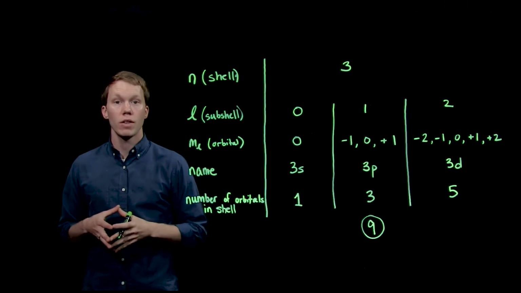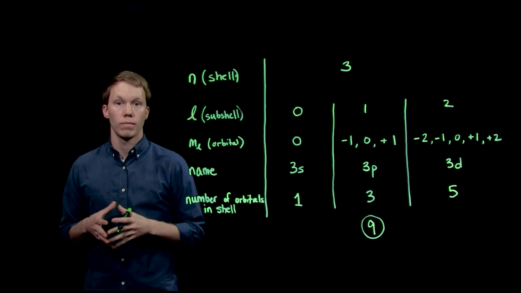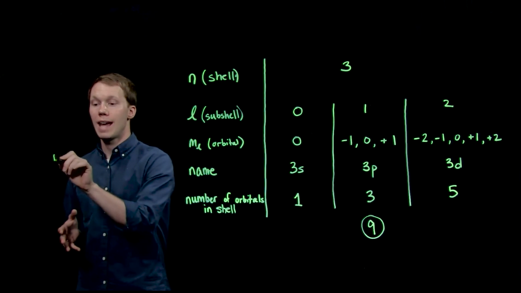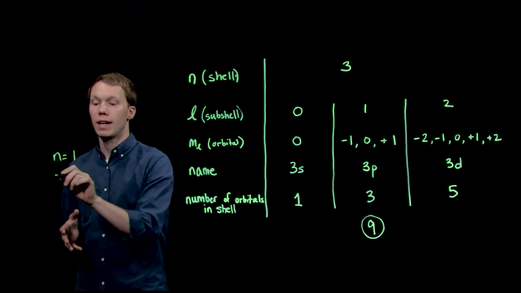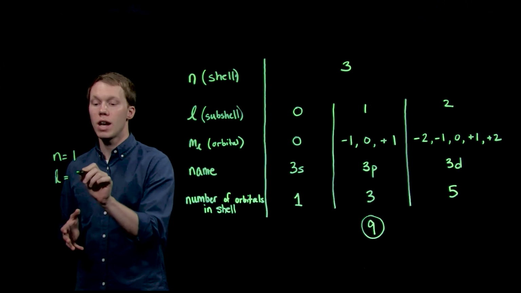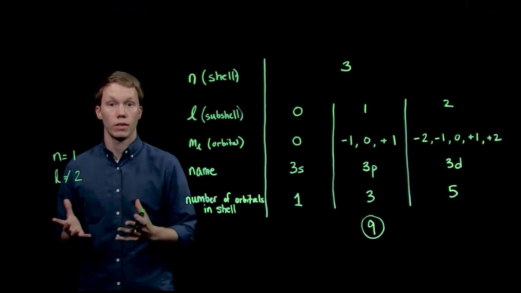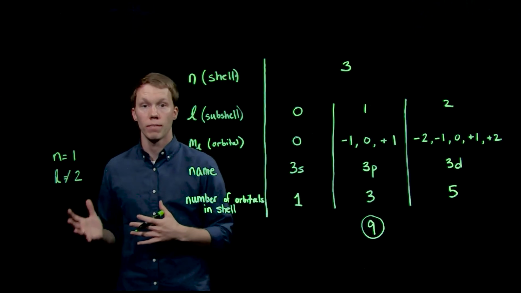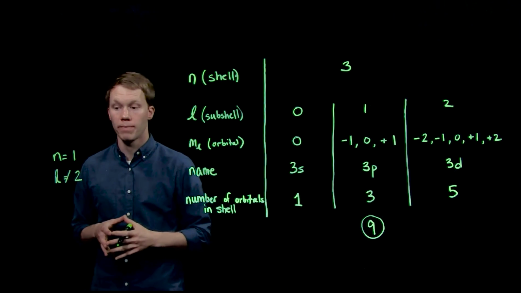We also have to know that we can't break any of these rules. So for example, when n equals 1, L could not equal 2, because L ranges from 0 to n minus 1.